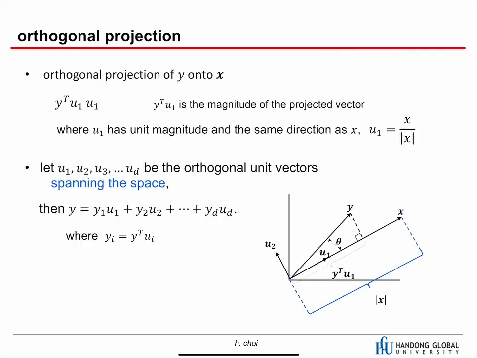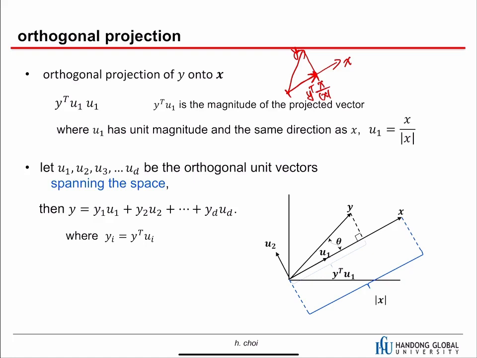And the next thing is orthogonal projections. Orthogonal projection of y onto x. So we already talked about this a little bit in the previous slide. So given x and given y, when we project y onto x, so this one is actually the projected vector onto x. And we know this length. This length is actually y transpose x over norm of x, right?